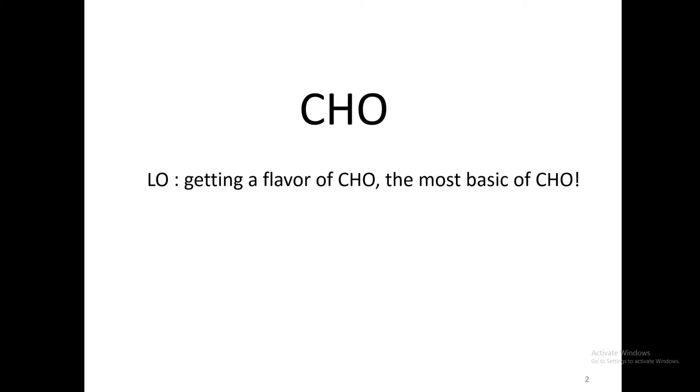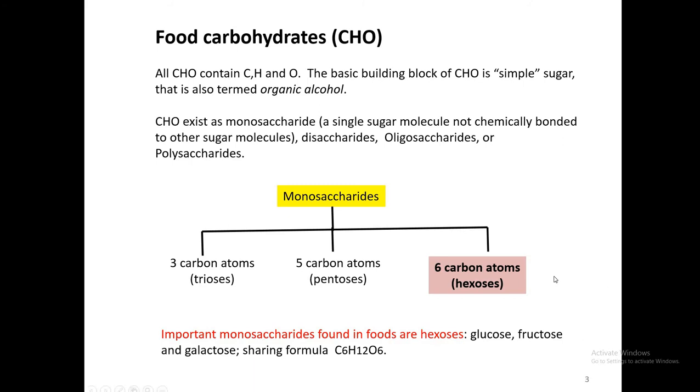So the learning outcome is very simple, getting some kind of flavor about carbohydrate, CHO, and we talk about the most basic of carbohydrate. The CHO contains carbon, hydrogen, and oxygen. The basic building block of CHO is simple sugar. That is also termed as organic alcohol.